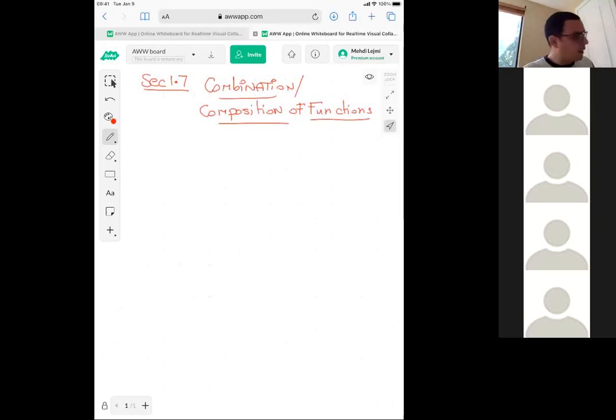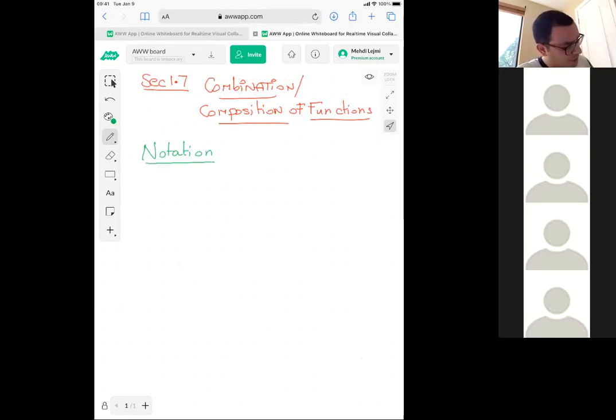So yeah, I was saying yesterday we saw how to do algebraic operations on functions, and again, what I mean by algebraic operations is the addition, subtraction, multiplication, and division, and so let me first remind you the notation. So the notation here for the sum, for the subtraction, for multiplication and division.